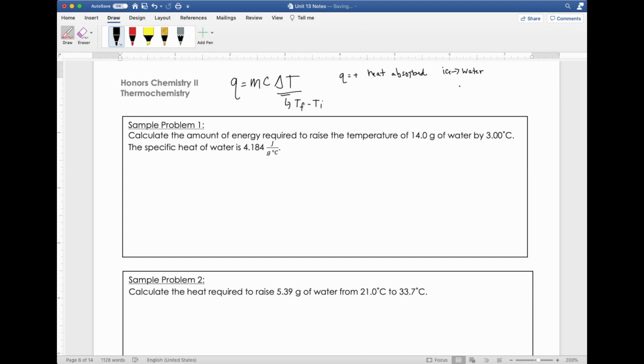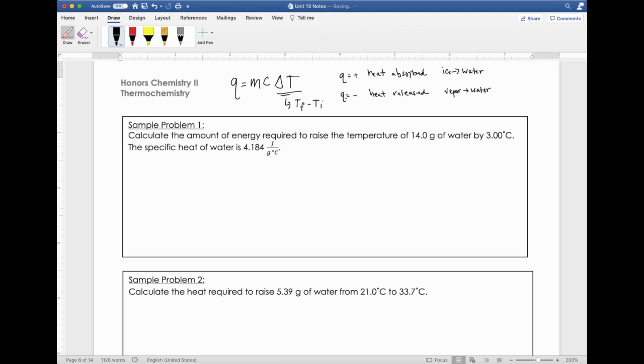Whereas Q would be a negative value if heat is going to be released. So Q is negative if heat is released. Like we said before, a good example of that would be if I have water vapor that's being condensed into just water. We're just talking about physical changes for most of this section, not so much chemical changes.